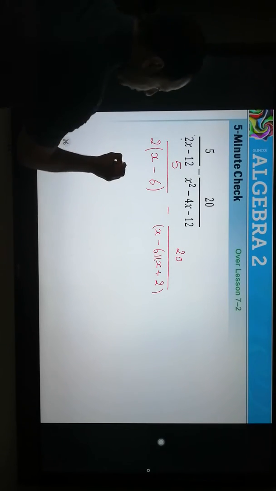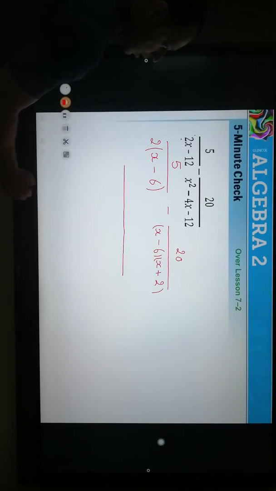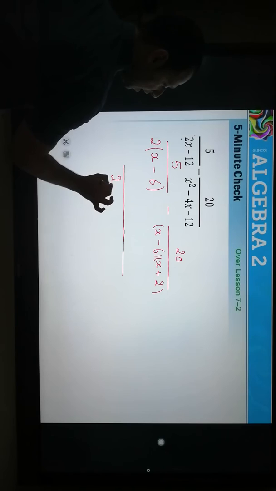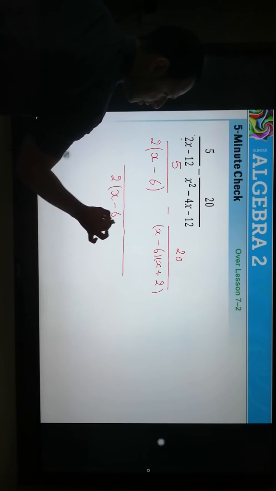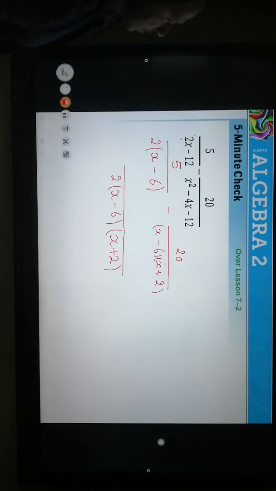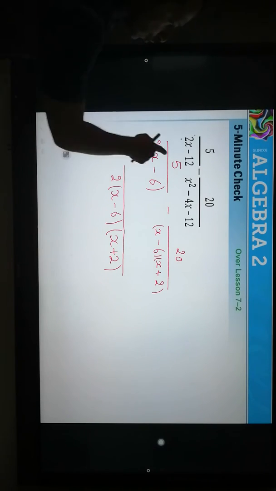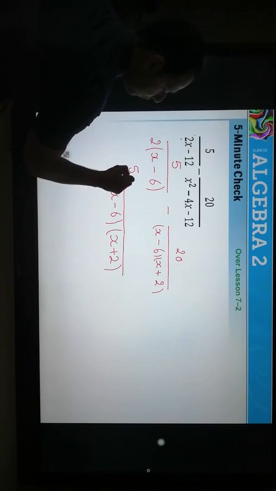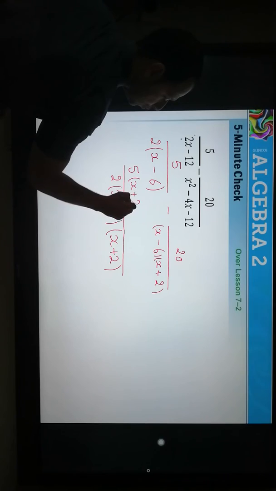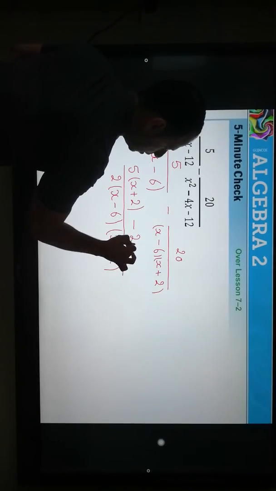Now we get the common denominator for both expressions. You write 2, x minus 6, x minus 6 we wrote, x plus 2. For the first, this is the denominator, we add what? x plus 2. So you must multiply 5 by x plus 2, minus, and then we write 20.